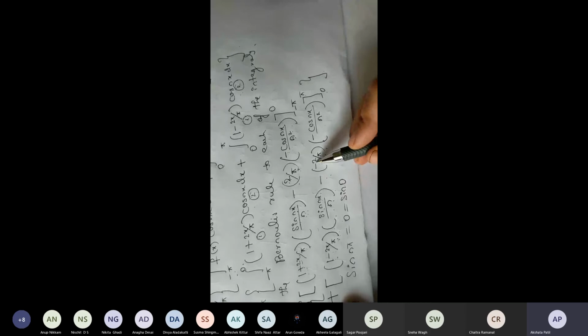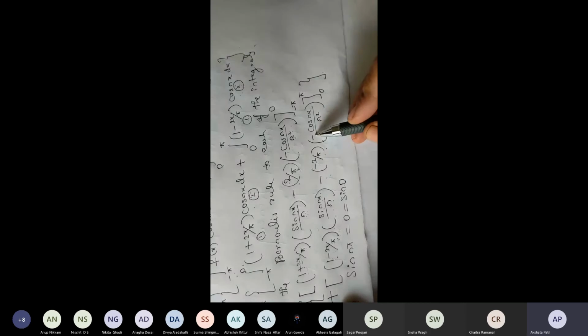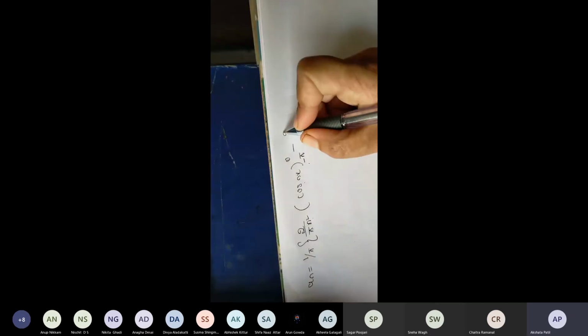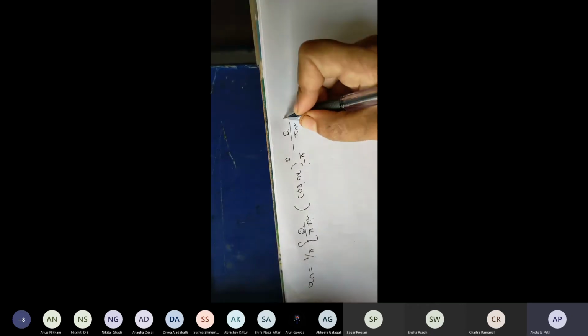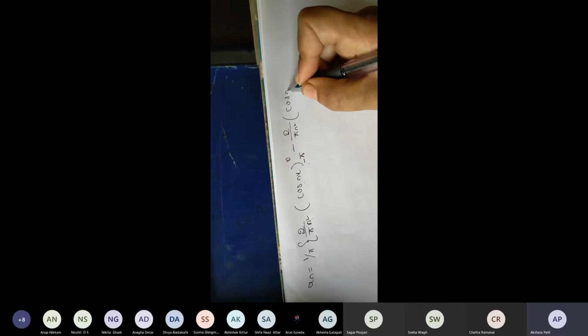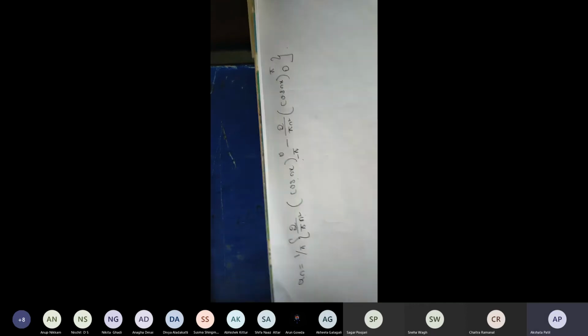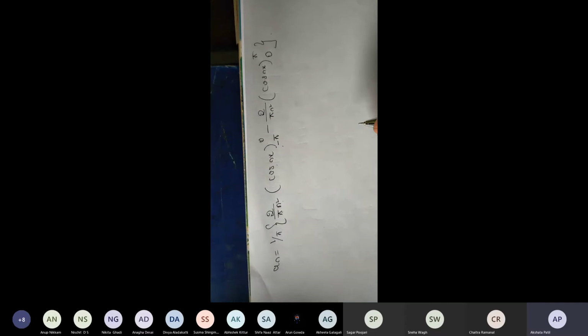Okay, now here this term is 0. Now minus into minus plus, plus into minus minus. So I will take minus of 2 by pi n square outside. Inside is cos nx from pi to 0. I hope you understand this one.